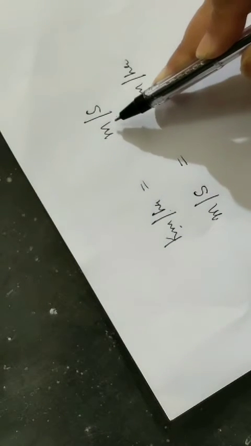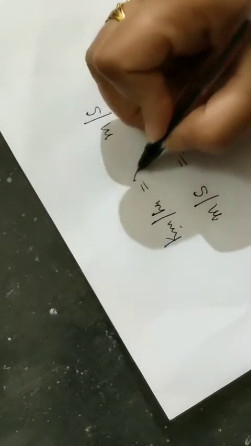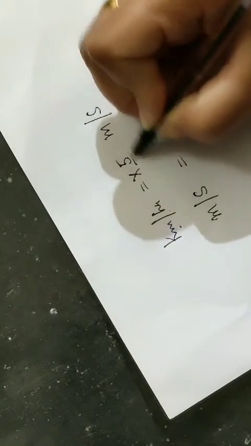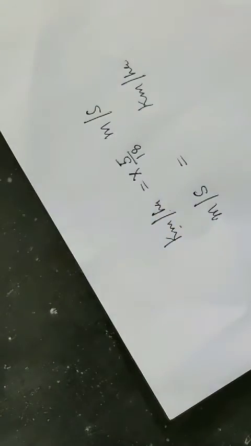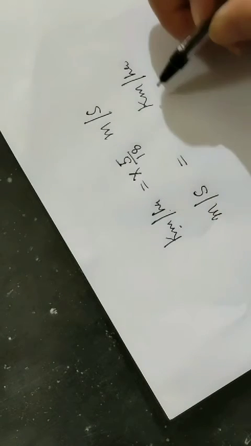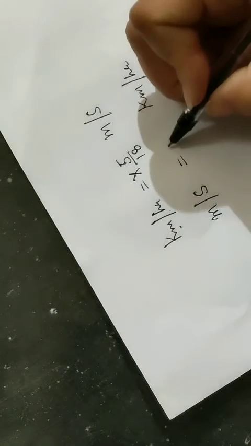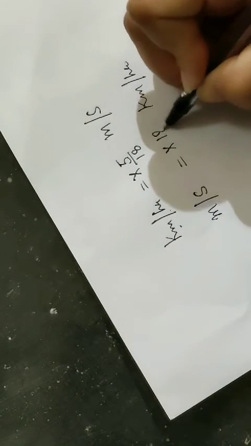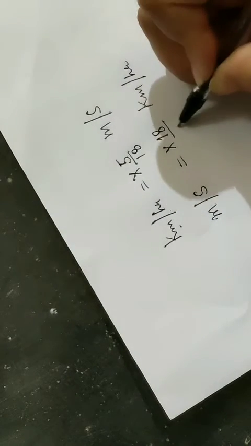If you have to convert kilometer per hour into meter per second, you just multiply the number with 5 upon 18. And if you have to convert meter per second into kilometer per hour, you just multiply the number by 18 upon 5.